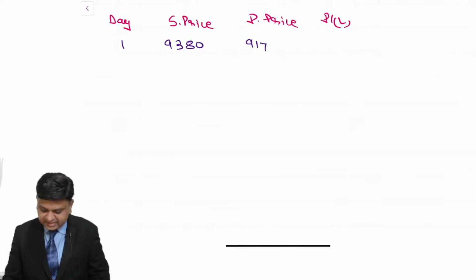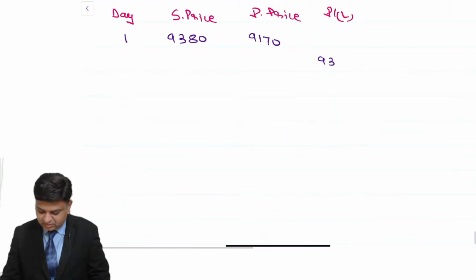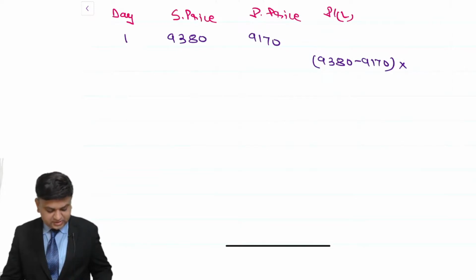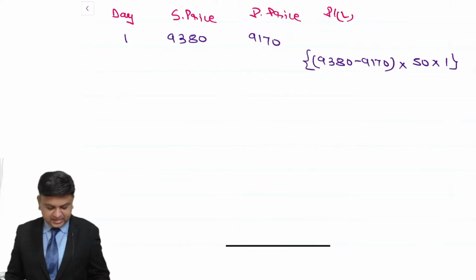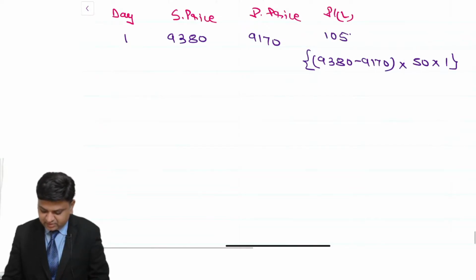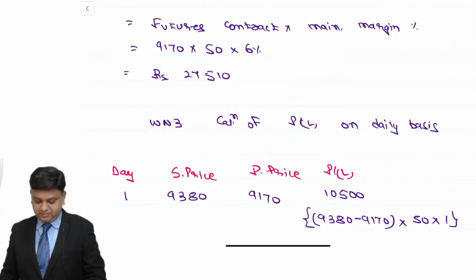The purchase price is 9170. So it is 9380 minus 9170, profit or loss of 1 unit, into lot size 5050, into number of contracts 1. 9380 minus 9170 comes to 210 into 5050, that comes to rupees 10,500, and so on. We are required to make further calculation.